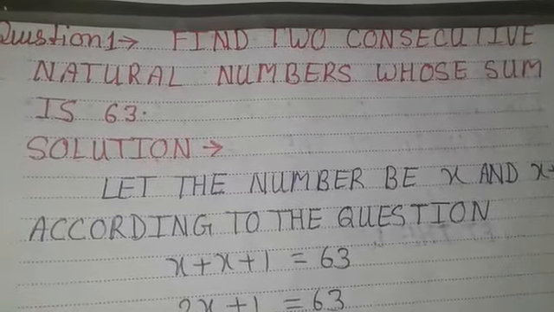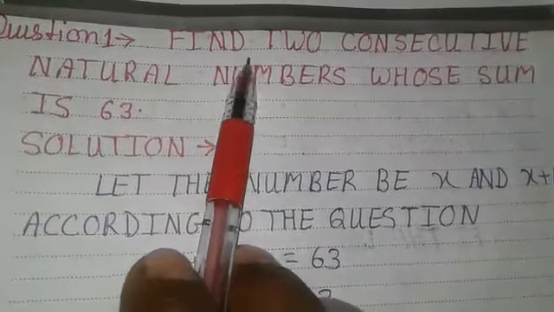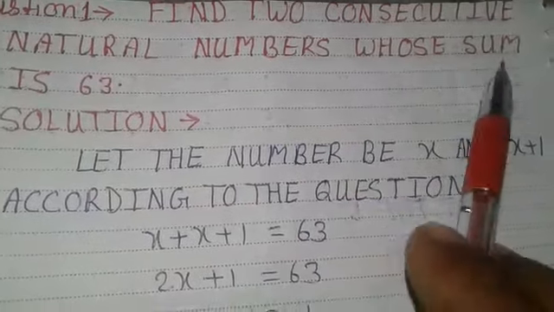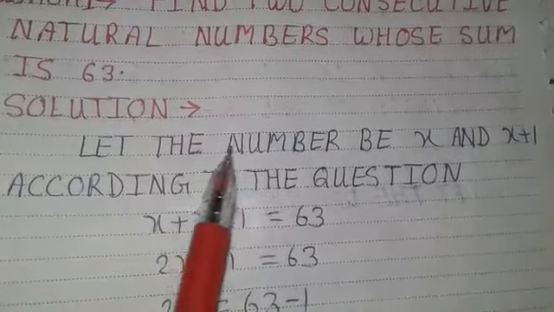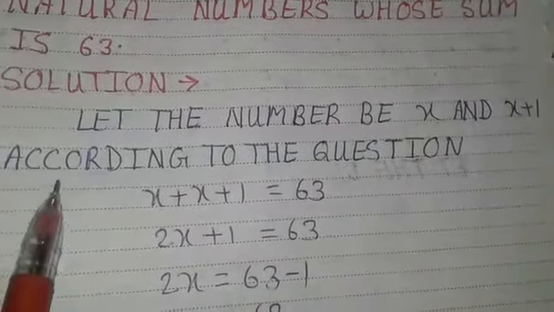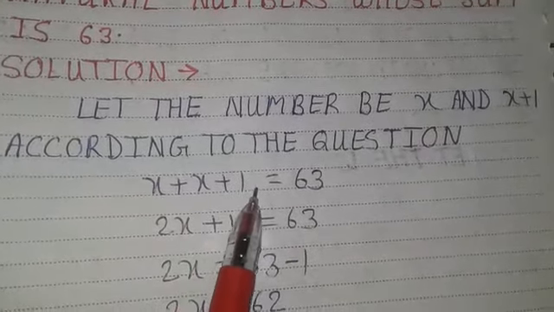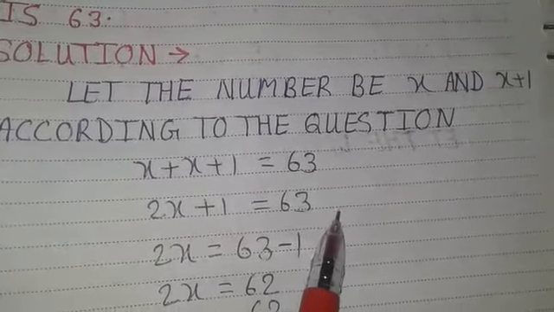Class 7 subject math. Chapter 2, Simple Equations, video number 6. Question number 1. Find two consecutive natural numbers whose sum is 63. Solution: Let the numbers be x and x plus 1. According to the question, x plus x plus 1 is equal to 63. Add like terms: 2x plus 1 is equal to 63.